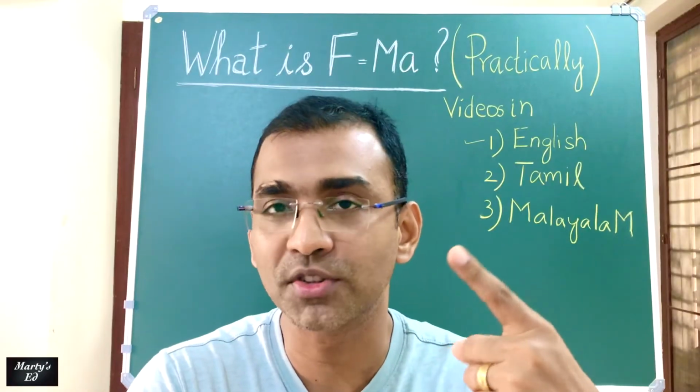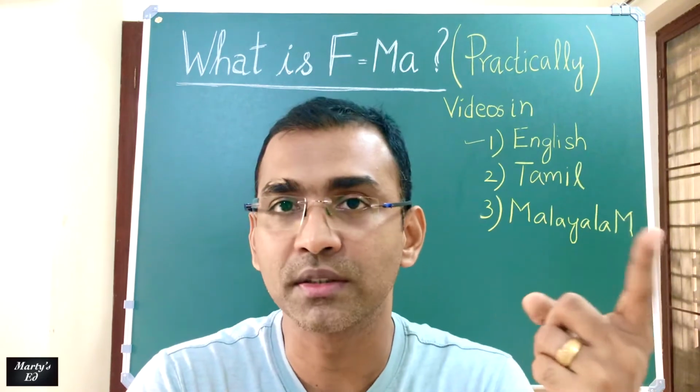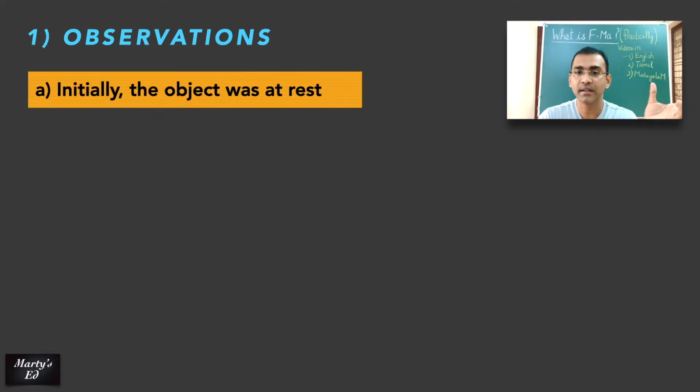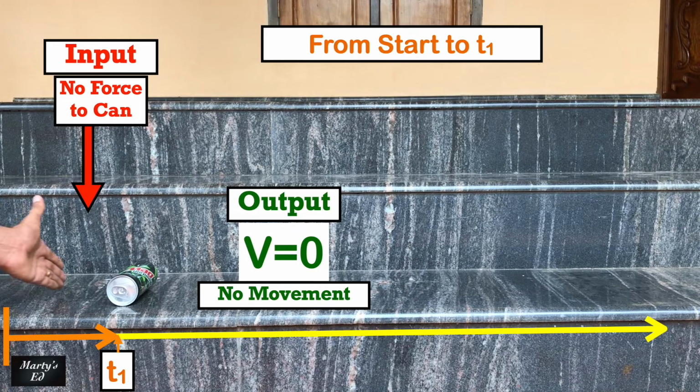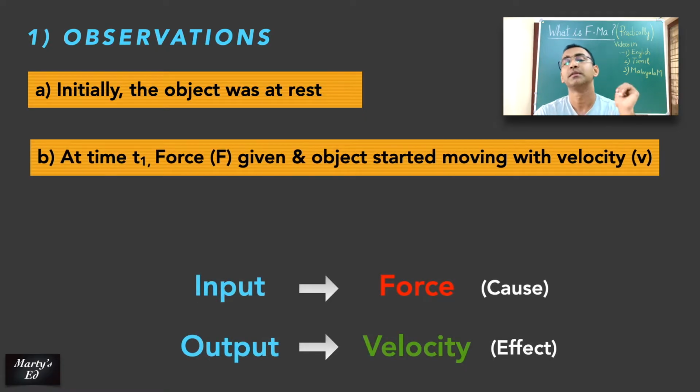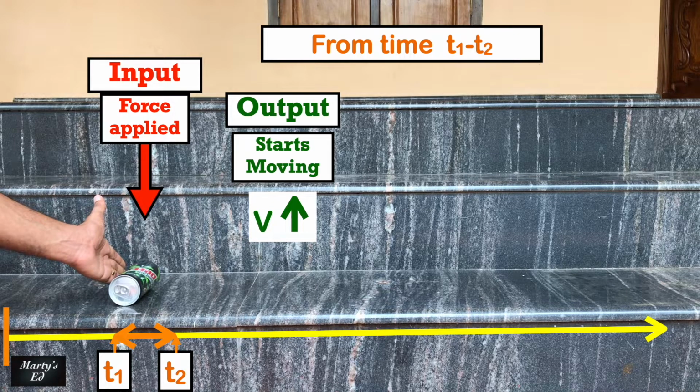Okay, in the first process, what are all the observations? So what did you observe? I can say initially the can was at rest and it was not moving, and at time t1 I gave a force. For a small interval, say from time t1 to t2, I'm giving a force.